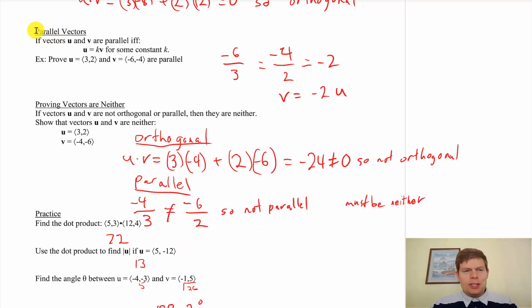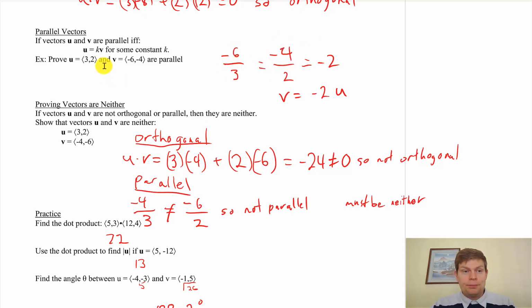All right, if two things are parallel, that basically means that one vector is equal to some constant, positive or negative, times the other. So here we want to prove that u is parallel to v. I usually just take the bigger one and divide it by the smaller one.